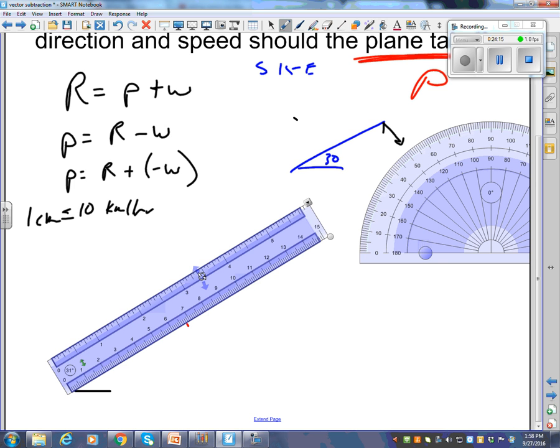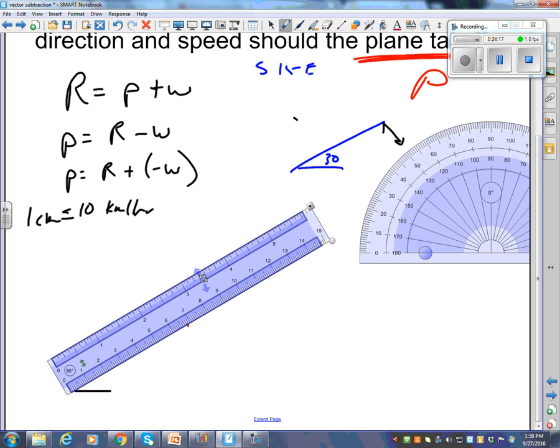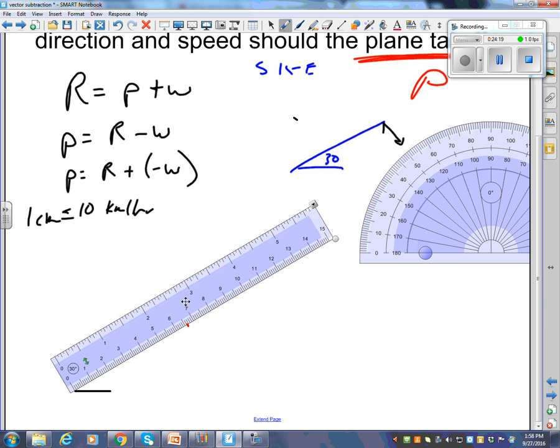And I'm at 30 degrees, right? Okay, and 10 centimeters long. So there's your first vector.